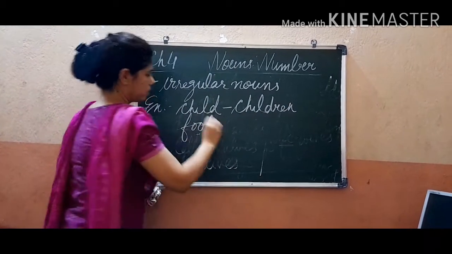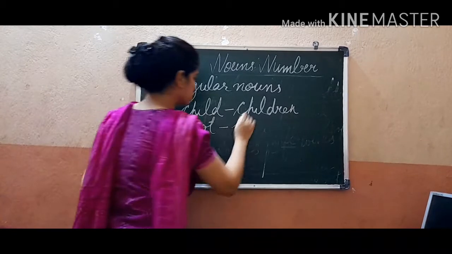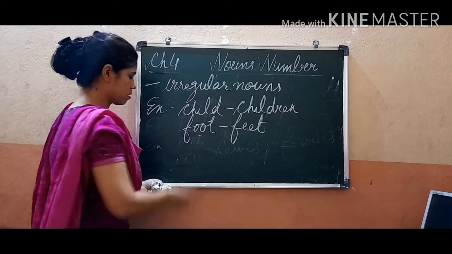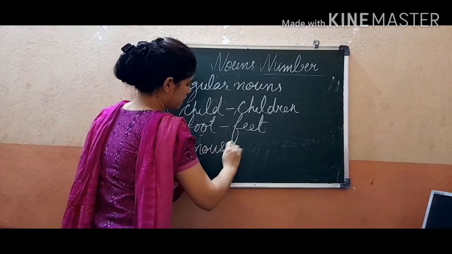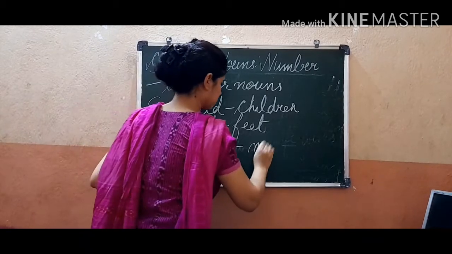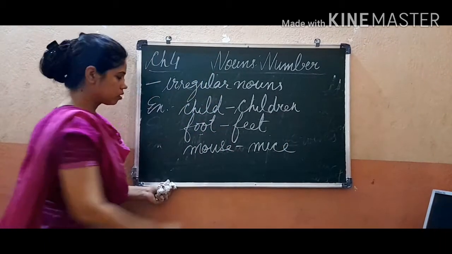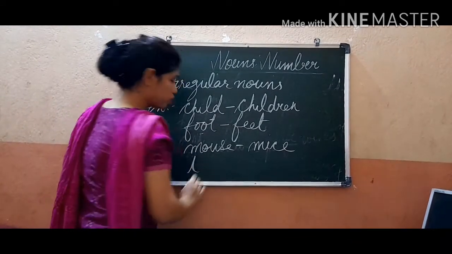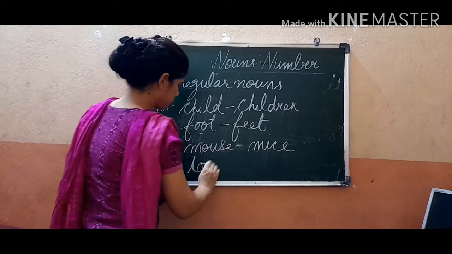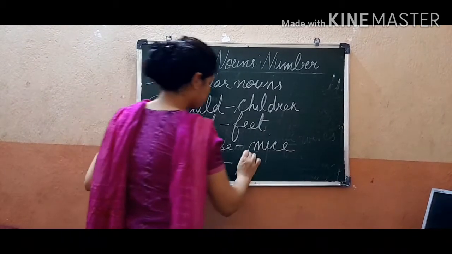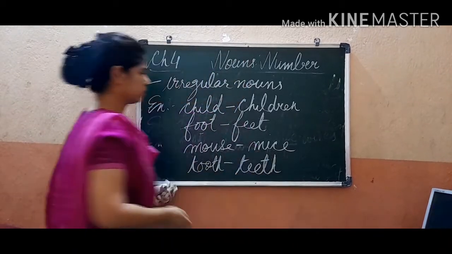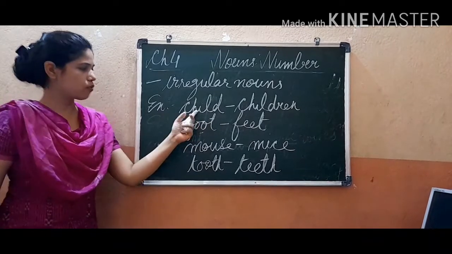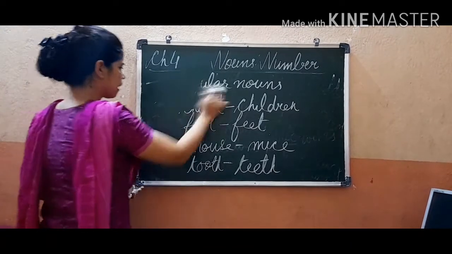Foot will change into feet in plural form. Mouse will change into mice. Tooth will change into teeth. These are all irregular nouns that change into plural without any rules.